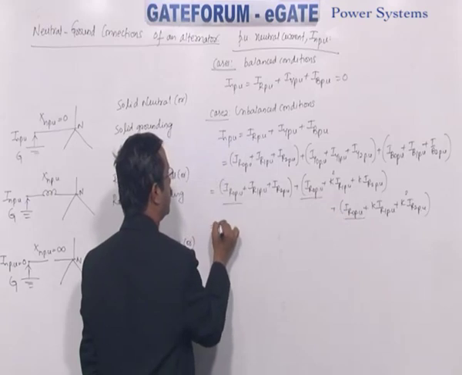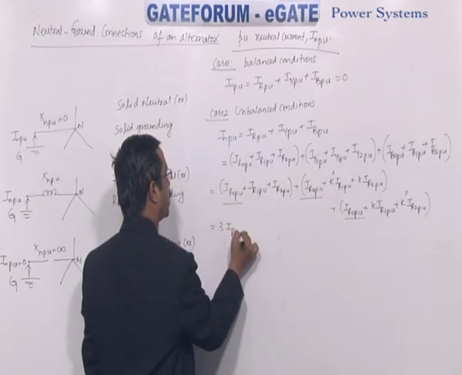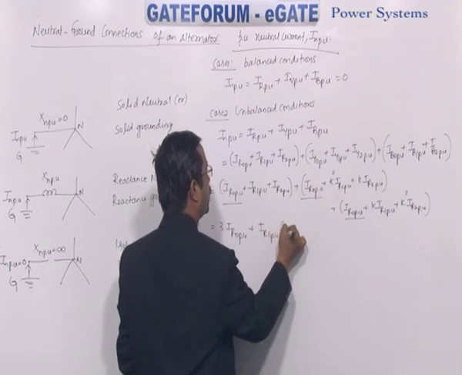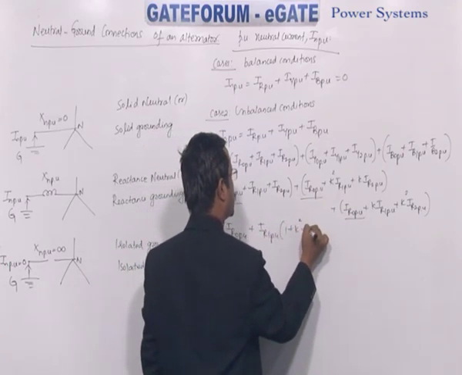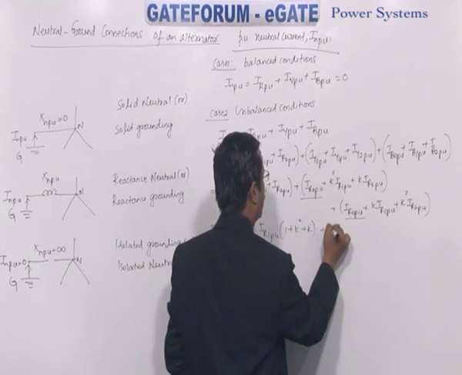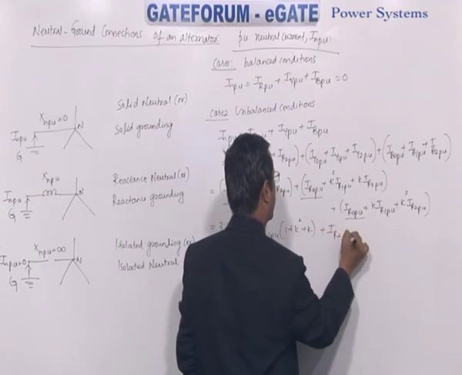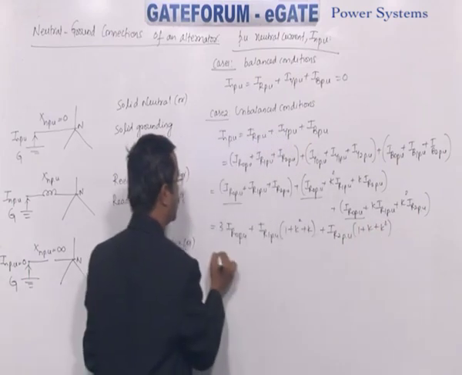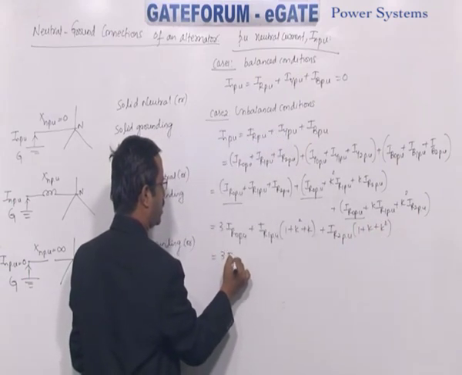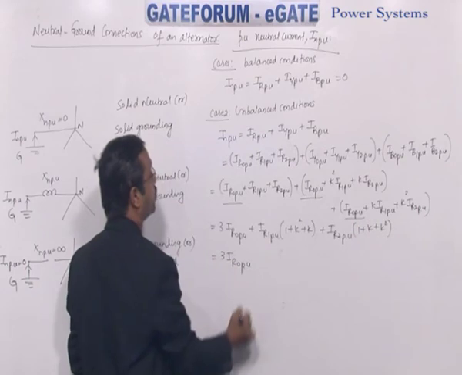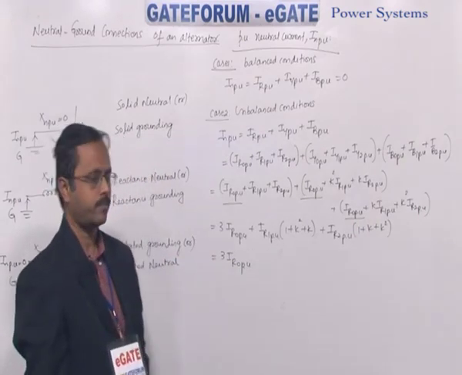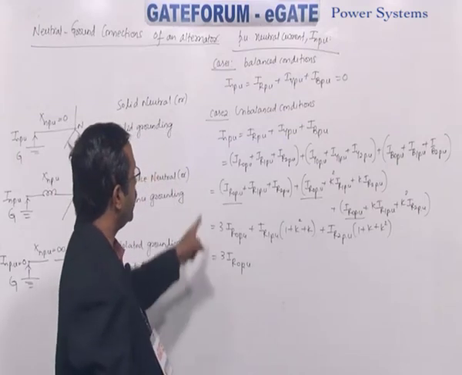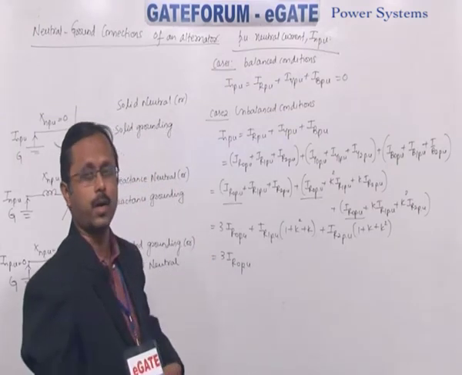So how much you get? 3 times IR0. You take out IR1 per unit common, 1 plus K square plus K, 0. And take out IR2 per unit common, 1 plus K square plus K, 0. So how much you get? 3 IR0 per unit. So what is this IN per unit? 3 IR0 per unit.